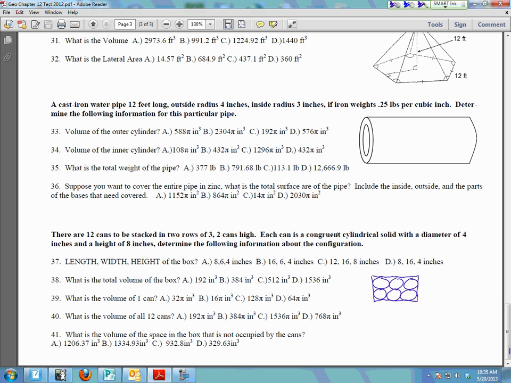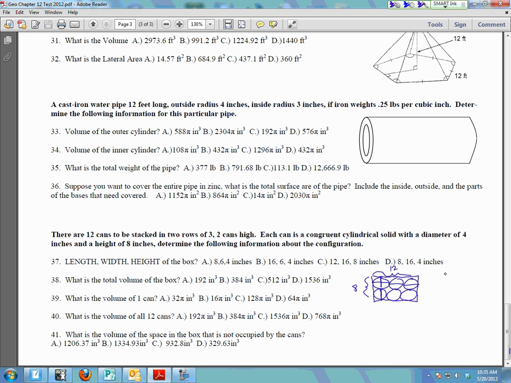It says each can is a congruent cylindrical solid with a diameter of 4. So that has to be 4. So that distance right there is going to be 8. That would be 4, that would be 4, that would be 4, so that distance there is going to be 12.